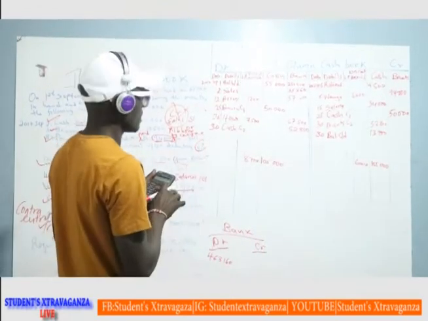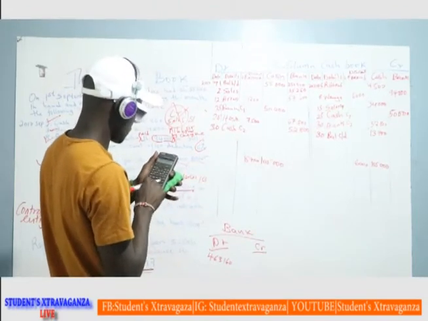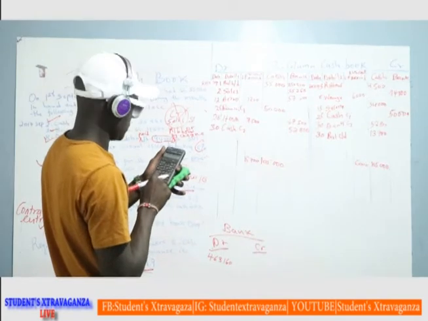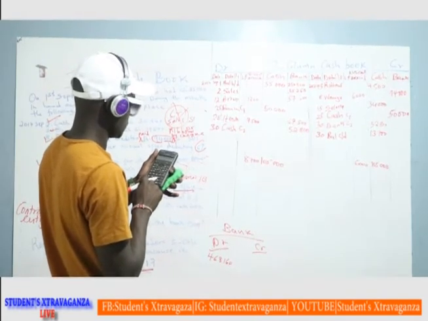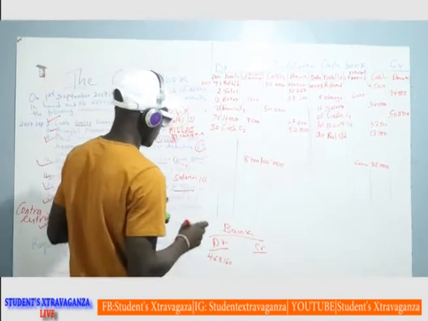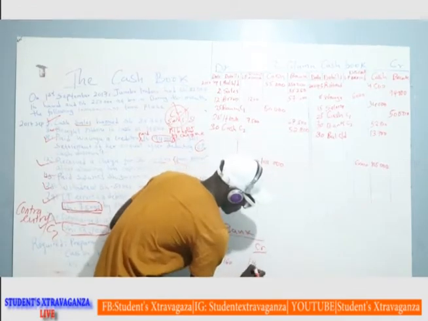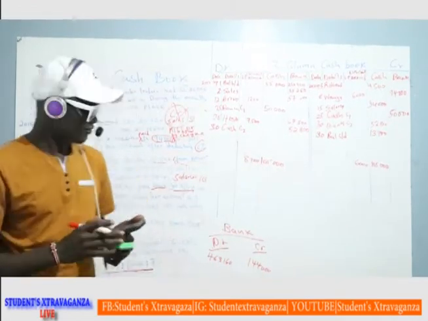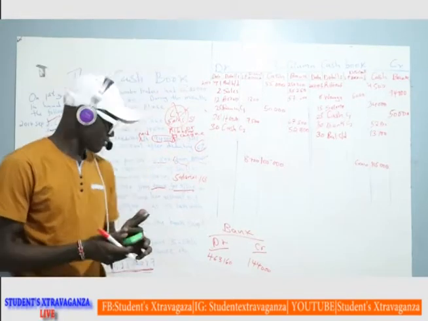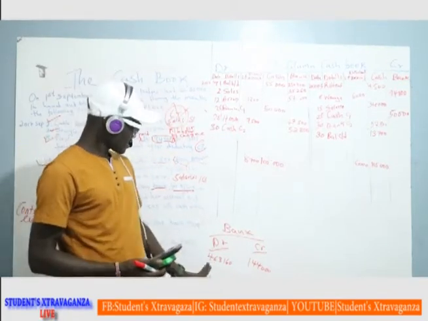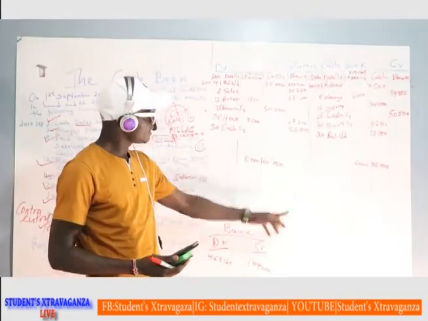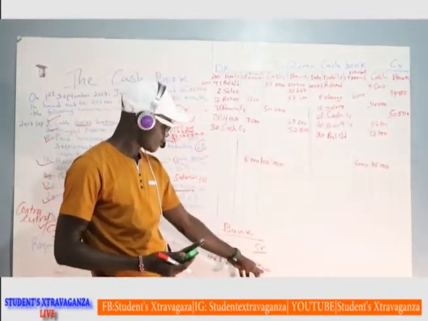Then on the CR side, bank is 94,000 plus 50,000. We have 144,000. So the DR side we have 463,160, CR side we have 144,000.